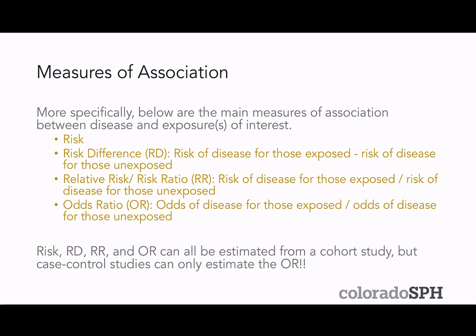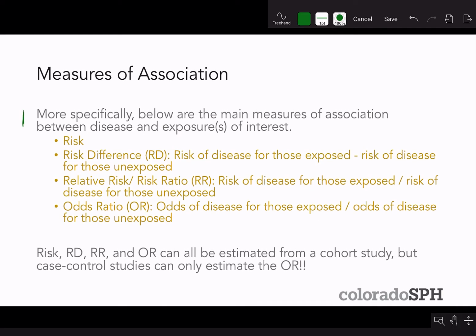More specifically, below are measures of association between disease and exposures of interest. We have risk difference, relative risk or the risk ratio, and the odds ratio. We talked about these a little bit at the beginning of the logistic regression weeks.